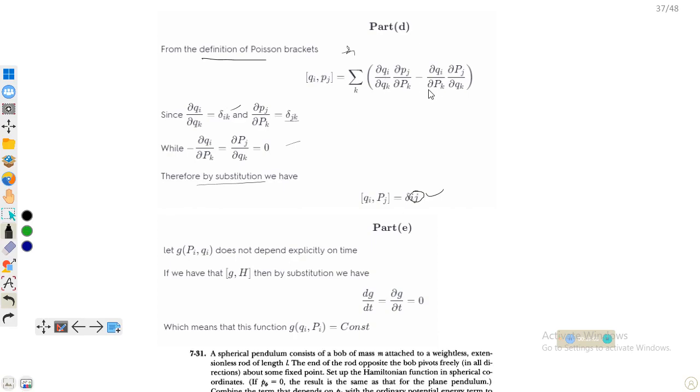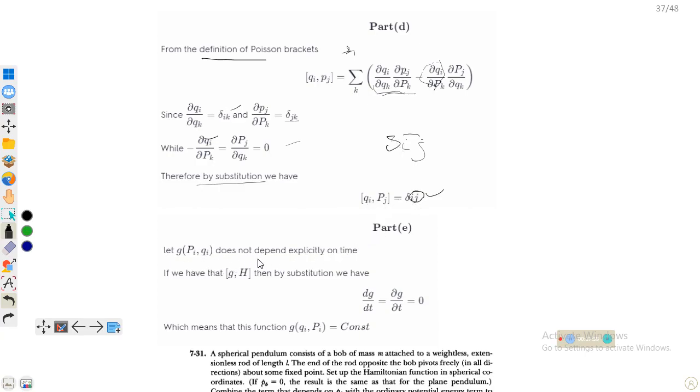Because partial Q and partial Q terms go to 0, as these are not dependent, and partial Qi over partial Qk, when i is equal to k, is 1, and this is also 1. So this term can be replaced by delta ij, because for i equal to j it is equal to 1, otherwise it is equal to 0. This satisfies the property of the canonical delta.